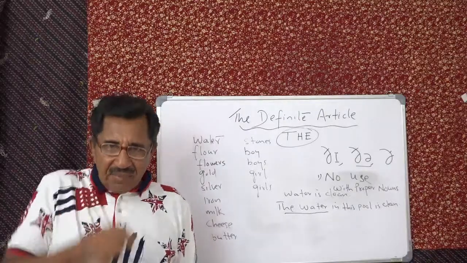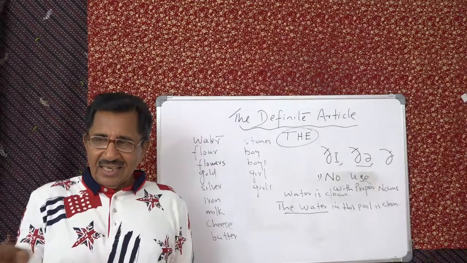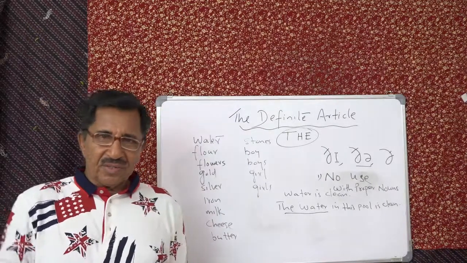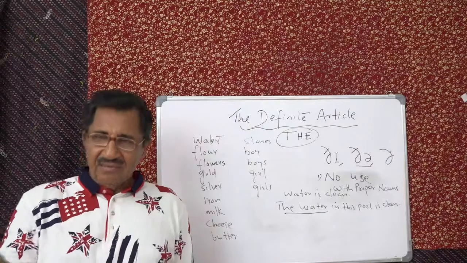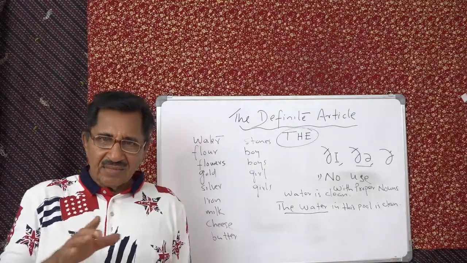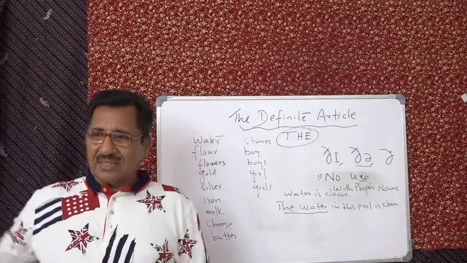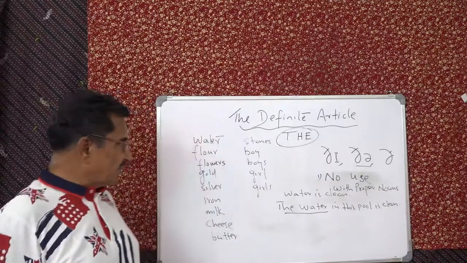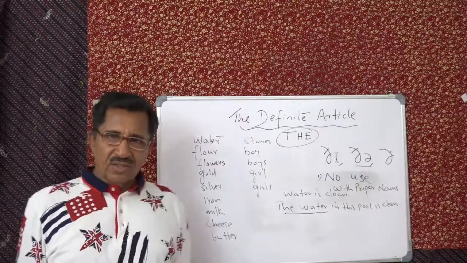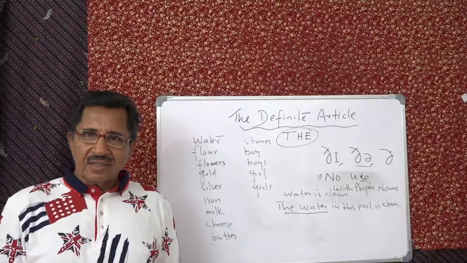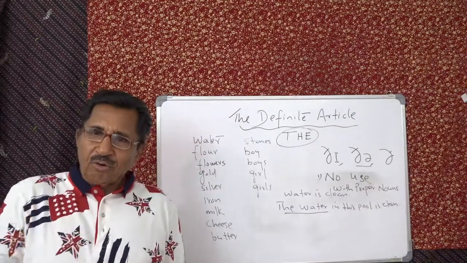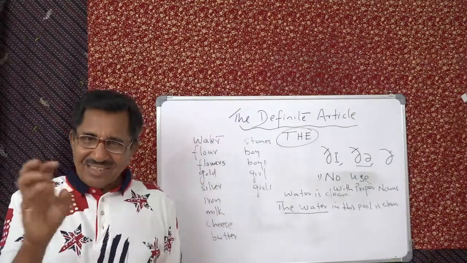But you say the butter taken from that pot or that vessel is not tasty. Examples. Stones. Stones are good looking, nice. There are some nice stones.